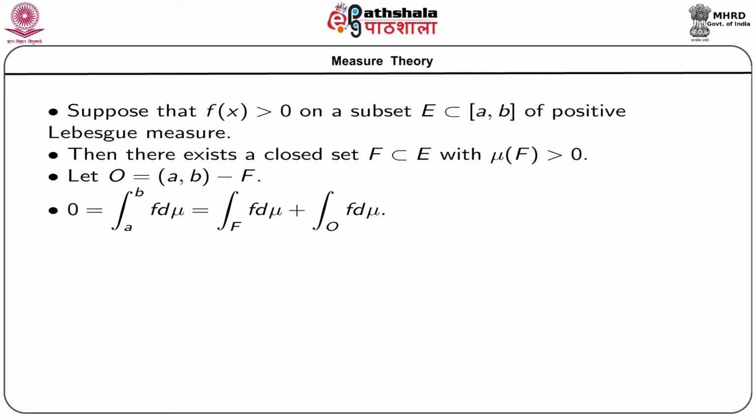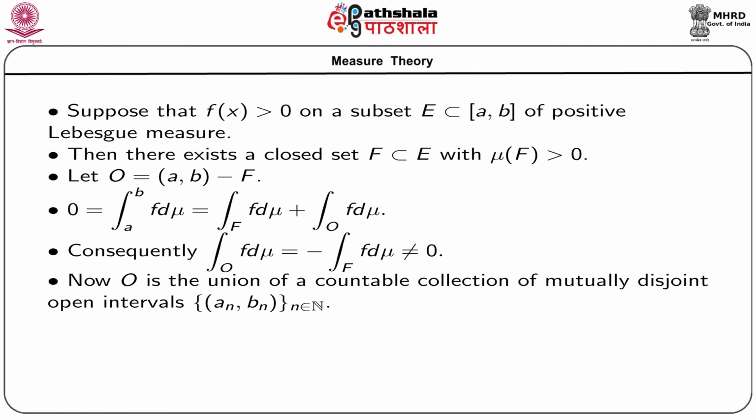So, we have the integral from a to b of f d mu equal to the integral over F of f d mu plus the integral over O of f d mu, and consequently the integral over O is equal to minus the integral over F, and this is not equal to 0.